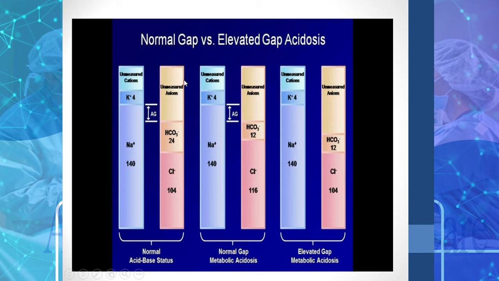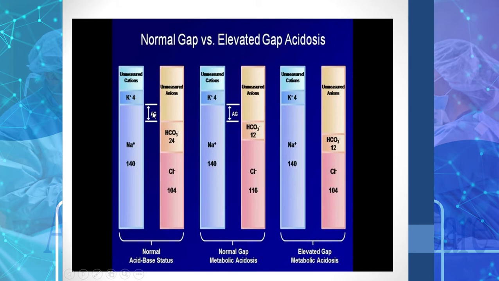Most of this unmeasured anion is albumin, we can say 90% of it. Okay, or other protein or sulfate or anything. And here normally the anion is more than the cation, because we are usually measuring or calculating only the sodium. This is the amount of the anion gap.